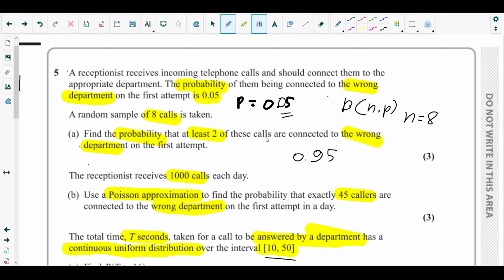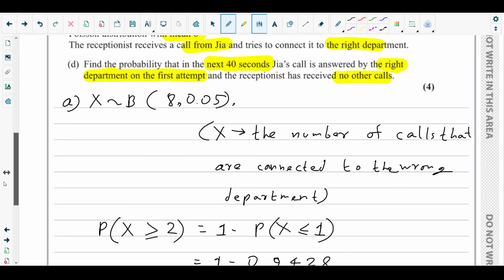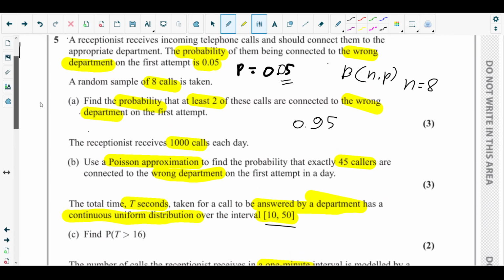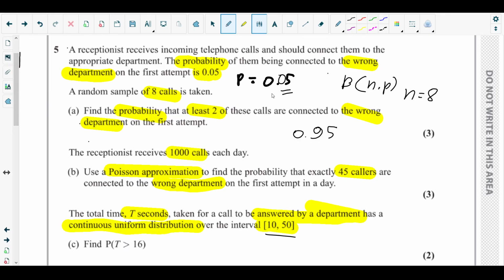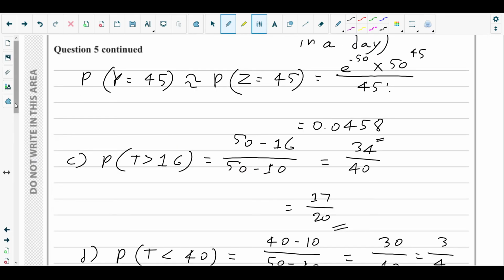In part A I used 0.05, I just wrote 0.5 here by mistake. So the probability of answering by the right department is 0.95.